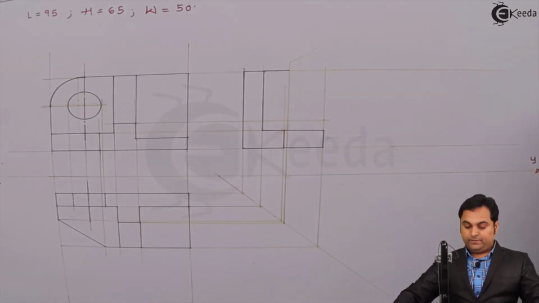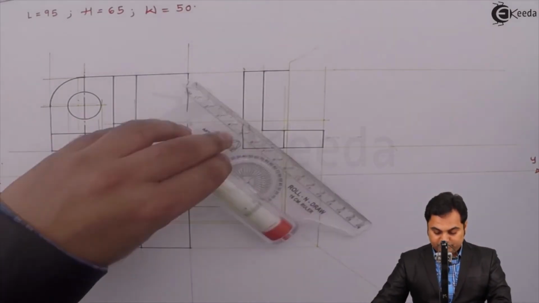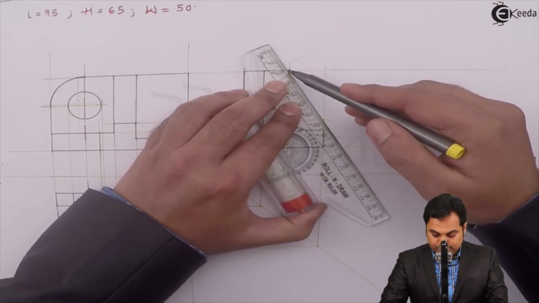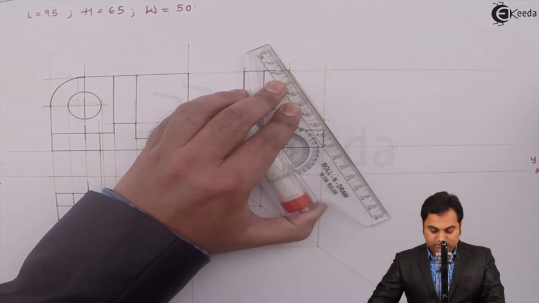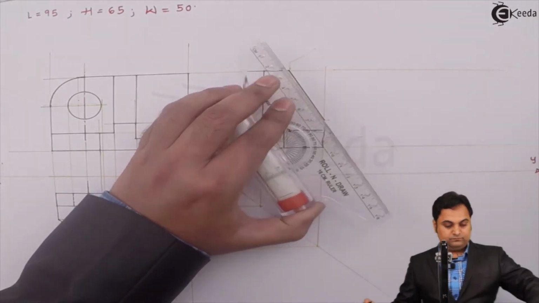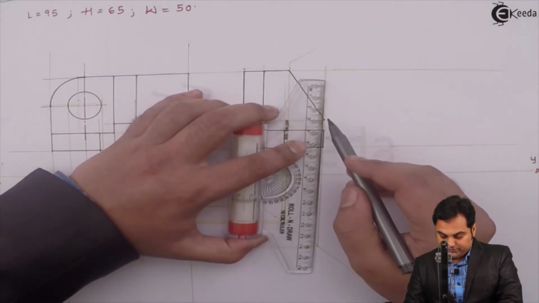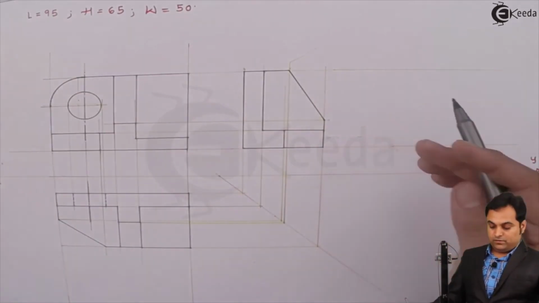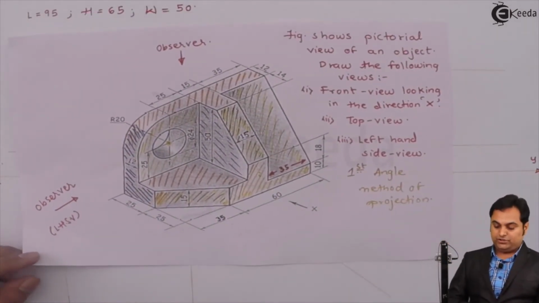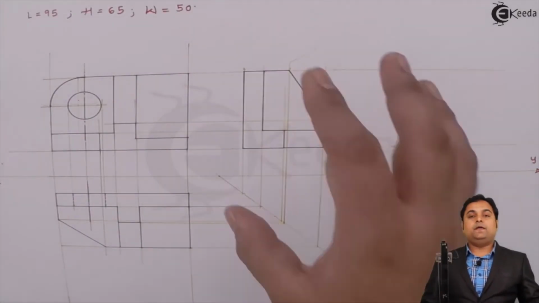It will be connected to this portion at the top, joining them first with the help of light line, and then I'll make it dark. And up till here it is a straight vertical line. So I can say that only this much portion is visible from the side view, which I have drawn here.